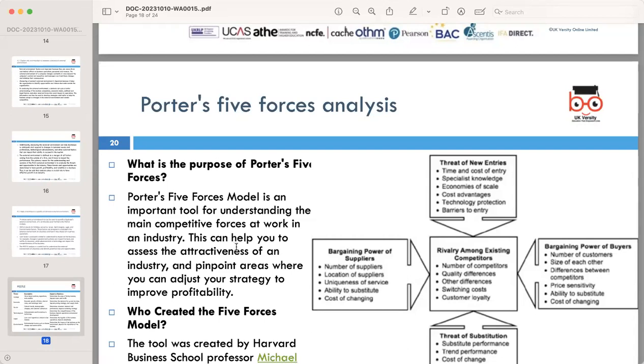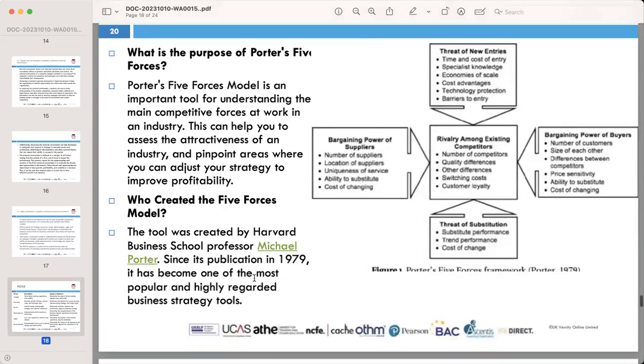This can help you to assess the attractiveness of an industry and pinpoint areas where you can adjust your strategy to improve profitability. So who created the five forces we discussed in our previous lecture as well? The tool was created by Harvard Business School Professor Michael Porter since its publication in 1979. It has become one of the most popular and highly regarded business strategy tools.